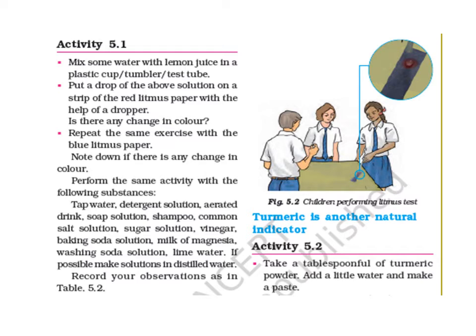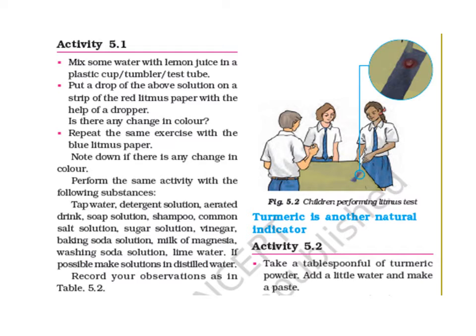Then second time you have to take another litmus strip that is blue in color. So on that blue litmus paper, again put some drops of that lemon juice. As the lemon juice is acidic in nature, what will you observe? That blue litmus paper will turn into red litmus paper, red in color. The blue color of the litmus paper will change into red color, that you will observe.